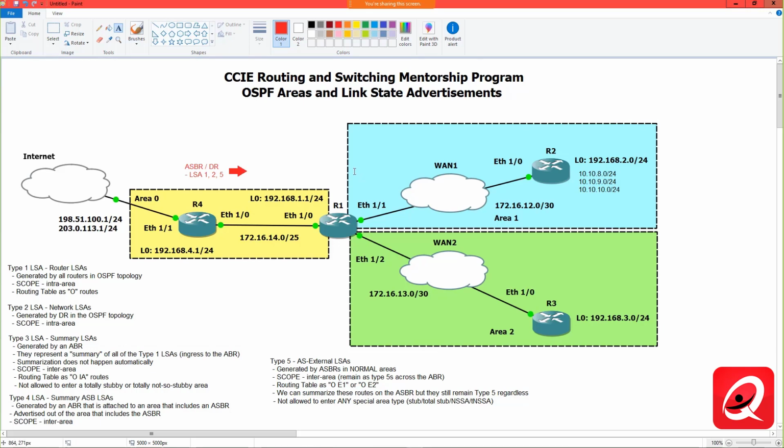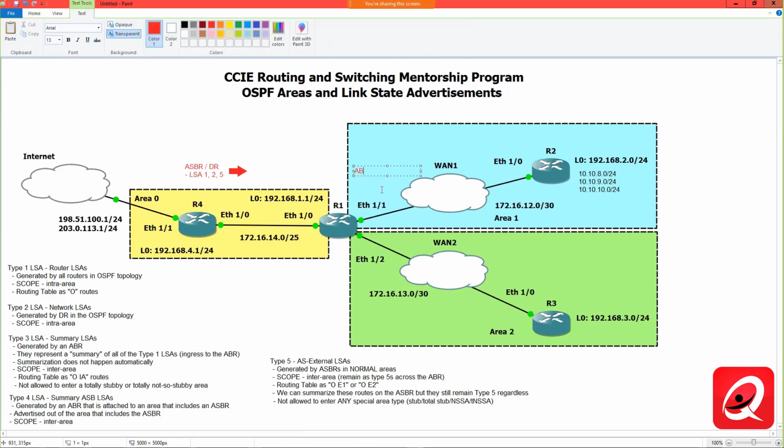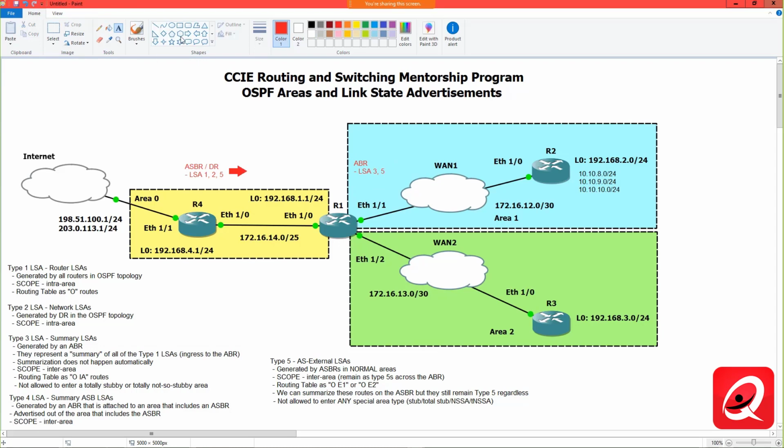So on this side, on the ABR, the red ones are going to be type 3s, and we're still going to advertise the type 5s from router 4. Okay? And let's do our little arrow there. This is going to get a little confusing, but I think we can do it.